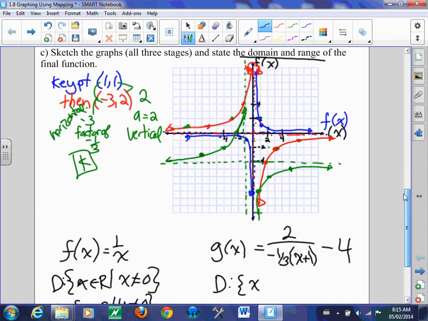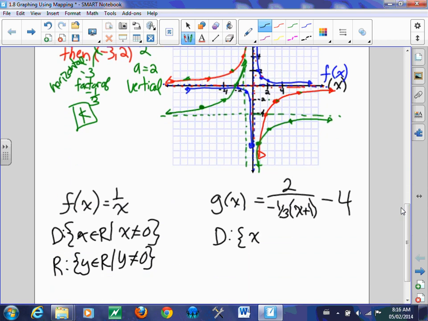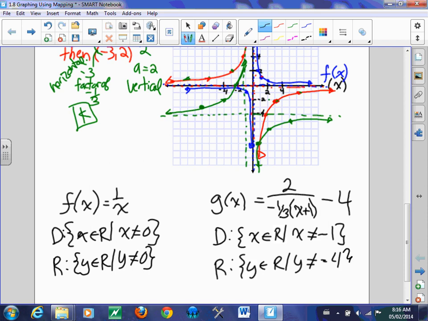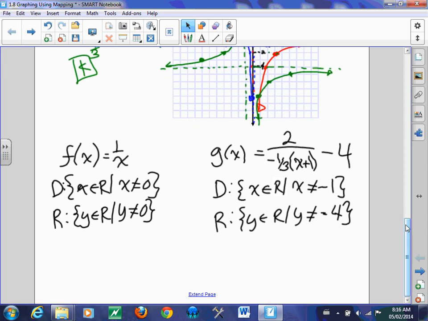Okay, so the domain is where x belongs to a set of real numbers such that x cannot be equal to -1. And the range is y belongs to a set of real numbers such that y cannot be equal to -4. Okay? Just remember your restrictions for the reciprocal function is on your asymptotes.